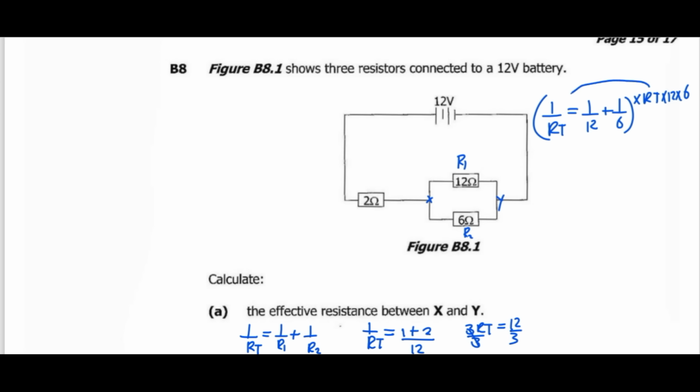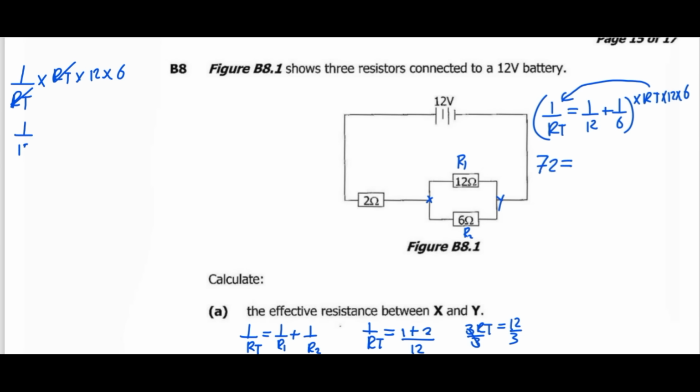So begin with this one: 1 over RT times RT times 12 times 6. This will cancel, then we are going to have 12 times 6, which is 72 here. Then we'll move on to the next one.